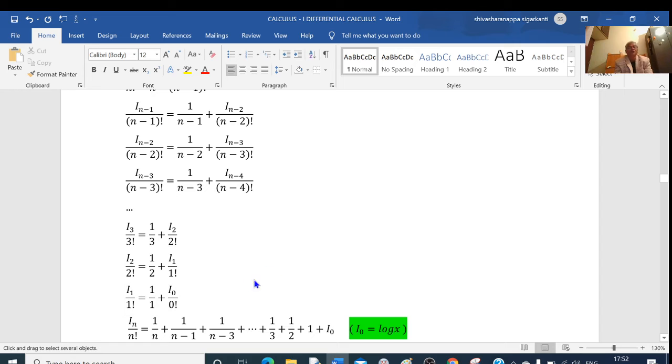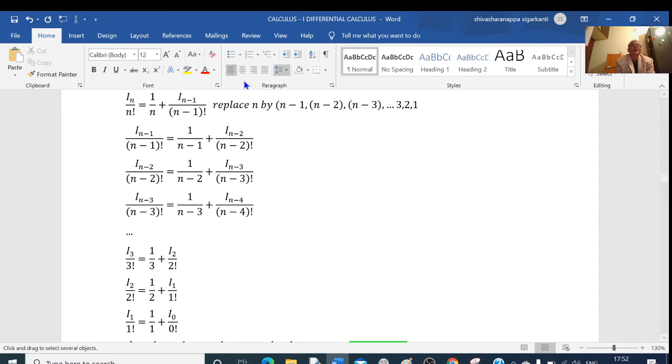Okay. Now, substituting these values here, what I am getting is I_n by n factorial can be written as 1 by n plus, instead of this, I will write this term, that is 1 by (n minus 1) plus this. Instead of this, I will write this, that is 1 by (n minus 2) plus this. Instead of this, I will write its value.